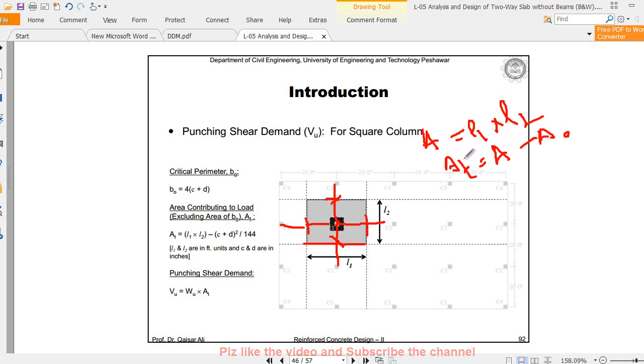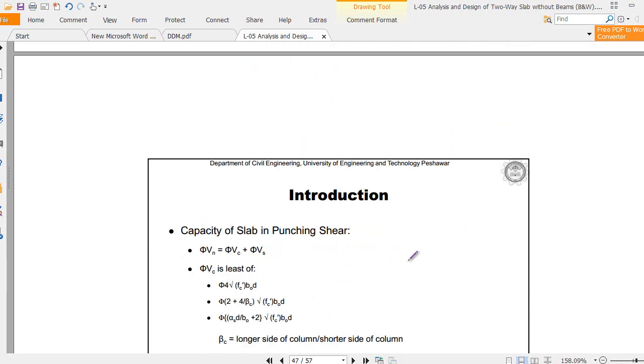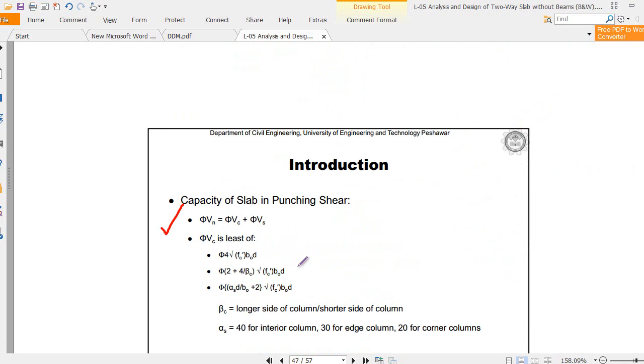To find Vu, you multiply it by Wu, the ultimate loading per square foot or square meter, with your tributary area. It will give you the shear. After that, we need to calculate phi Vc, the shear strength capacity of our concrete, and you all know this equation, which is used in footing design.